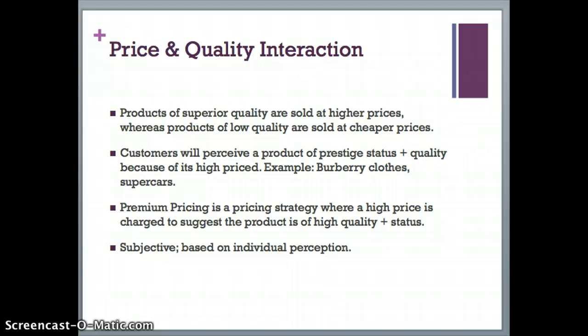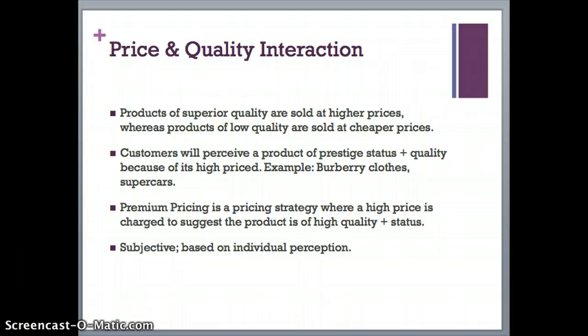So for example, if Ferrari were to reduce the prices of their cars by a significant amount, then the prestige or the aura that surrounds Ferrari would not be as significant because the product is cheaper.